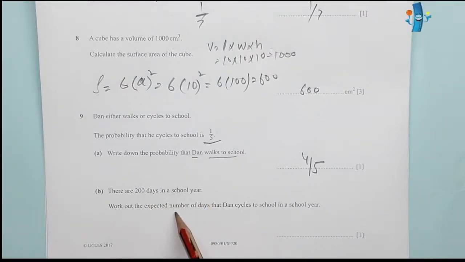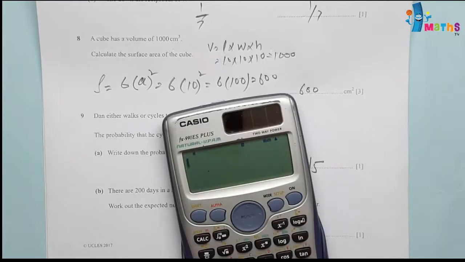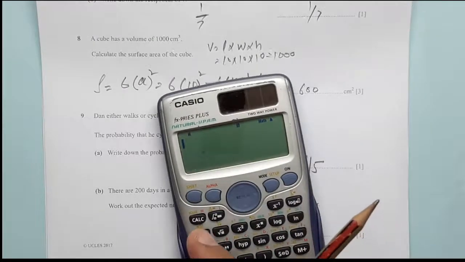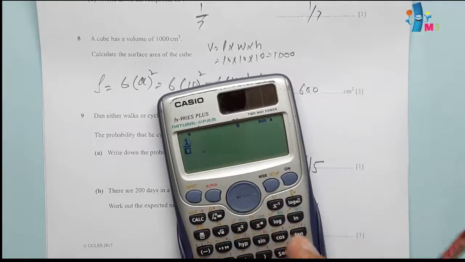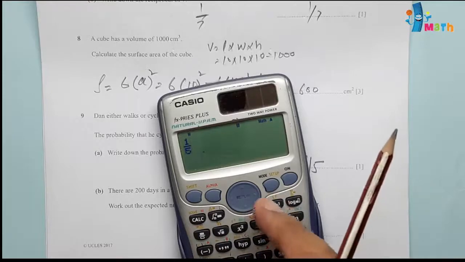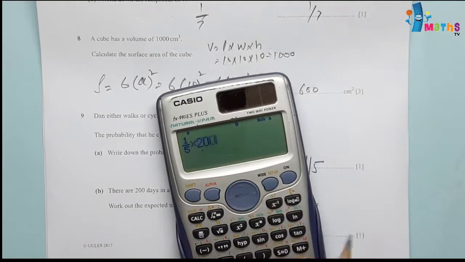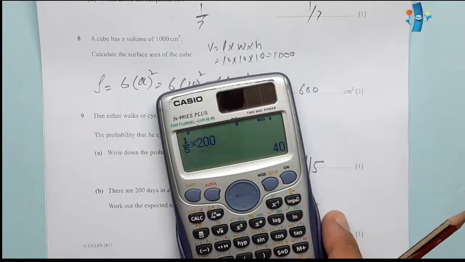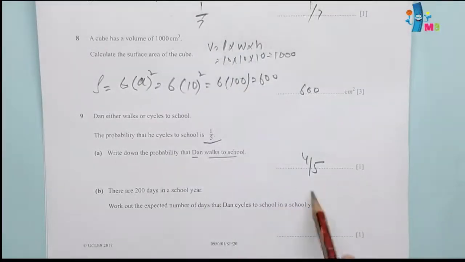Work out the expected number of days that Dan cycles to school in a school year. So we'll calculate 1 by 5 of 200. So we can use calculator. 1 over 5 of 200 will be equal to 40. So 40 will be the answer.